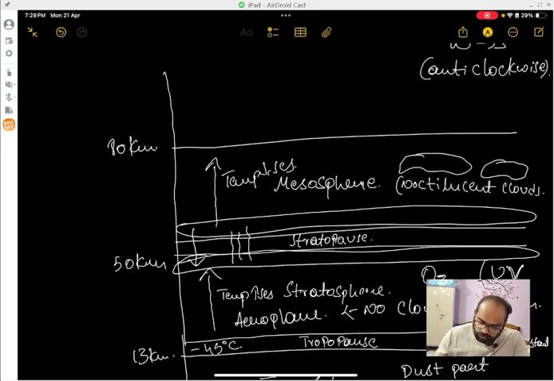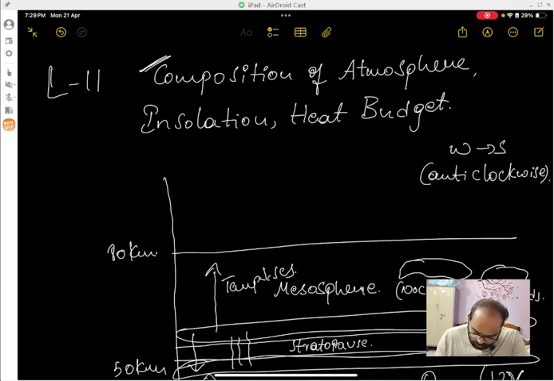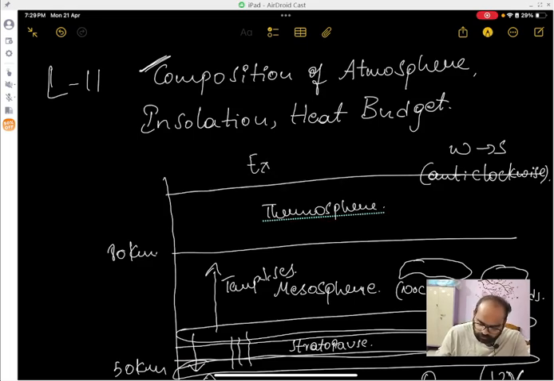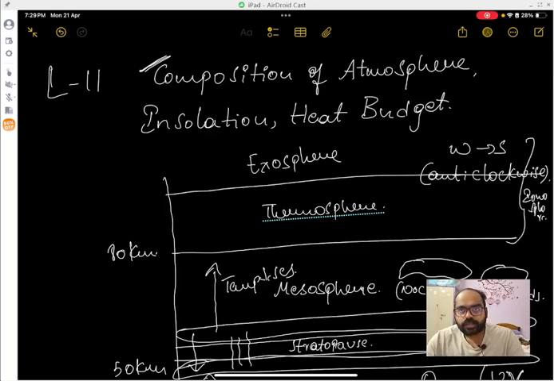And above the mesosphere we have the thermosphere, and above the thermosphere we have the exosphere. These two combined are called the ionosphere. In the thermosphere, radio signals can penetrate and pass, so most radio communication satellites are placed in the thermosphere. The exosphere extends into outer space.